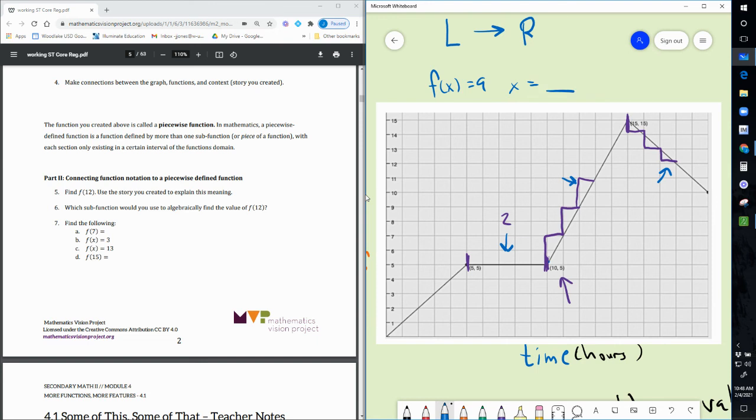Okay, f of x is my y value, so this is y, or f of x. Okay, so if it's 9, it's right here. If you go over to the graph, it's right here. And whatever this answer is, it's something comma 9. Okay, what is that something? 10, 11, 12, right? 12 comma 9. So the answer there would be 12.